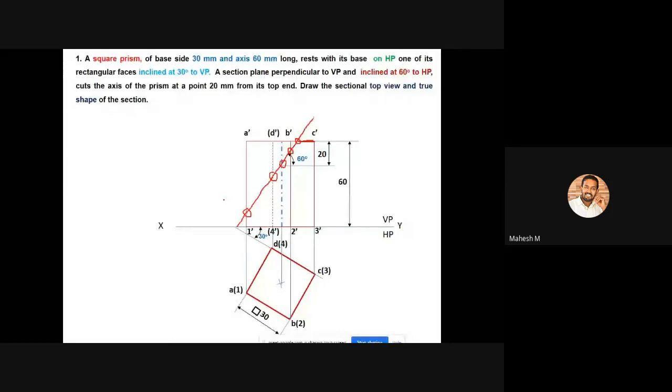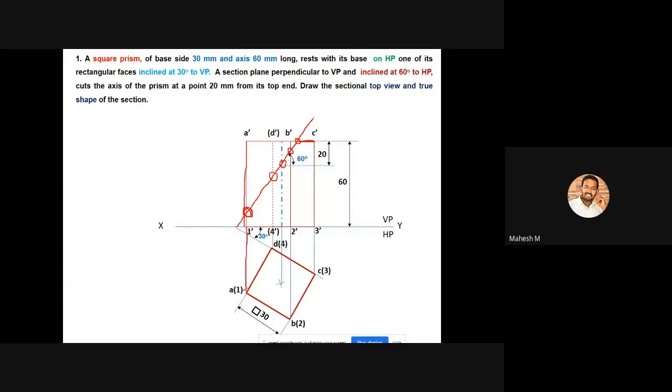Where is the first cutting point located? It is located exactly on the line A dash 1 dash. So you have to project this cutting point up to A dash 1 dash. So in top view, it will look like A 1. So you can project up to A 1. It is already projected.